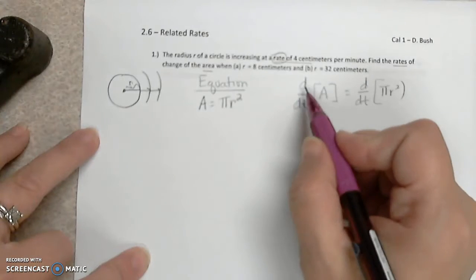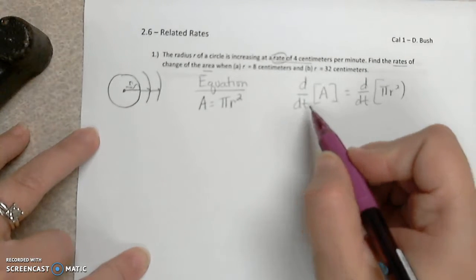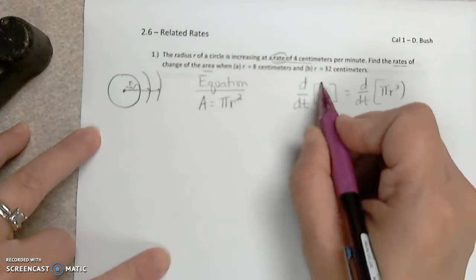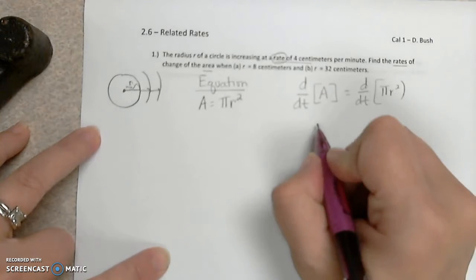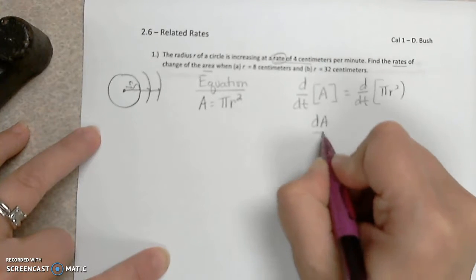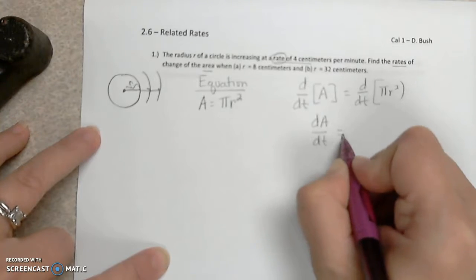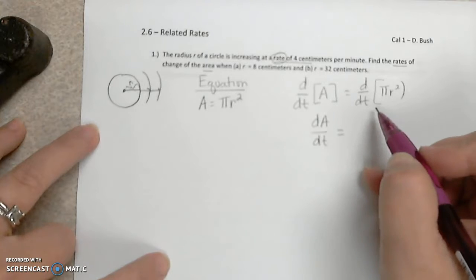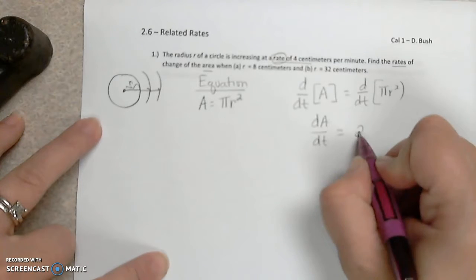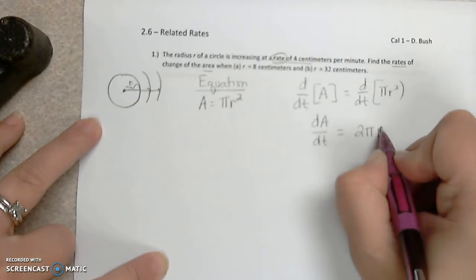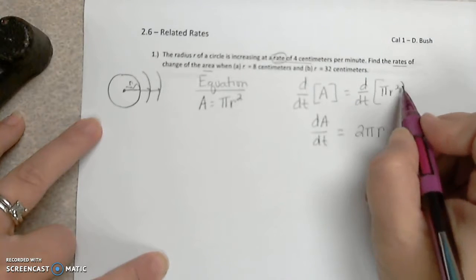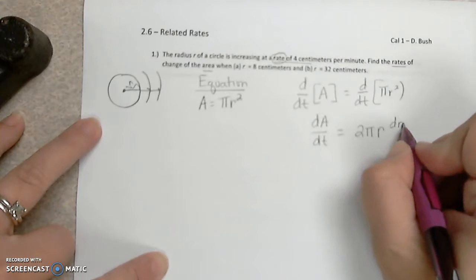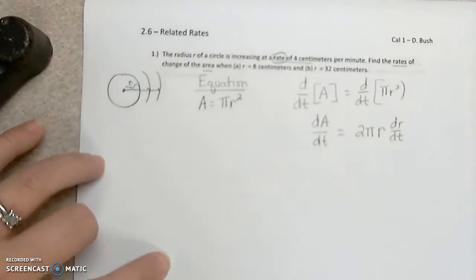When I take the derivative of A with respect to t, that would be 1 times dA/dt. And then when I take the derivative of r squared with respect to t, I'll get 2 pi r. So I'll bring that 2 down, subtract 1, times dr/dt.